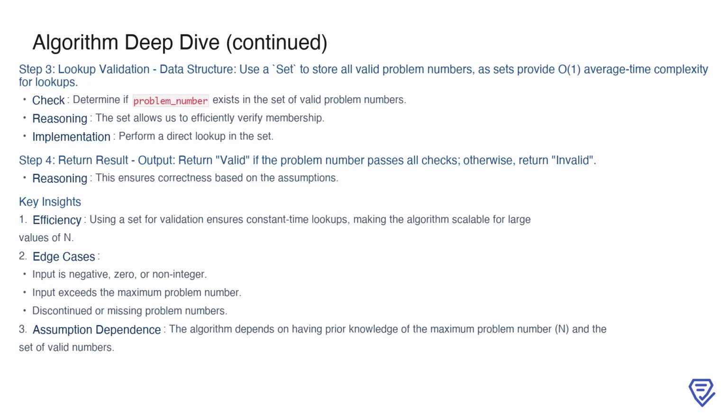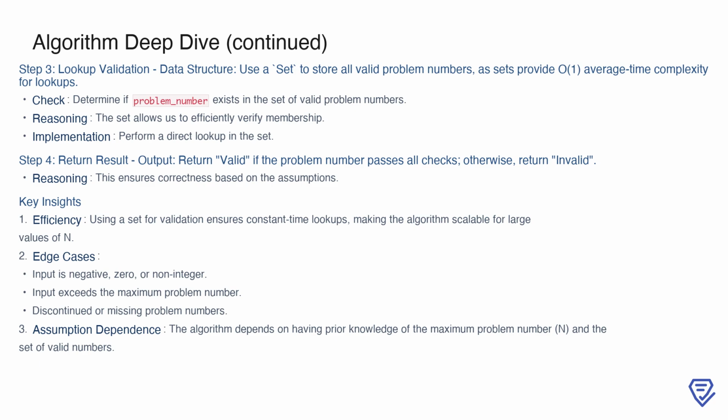Once the input passes validation and range checks, the algorithm moves to the lookup validation step. Here, we use a set data structure to store all valid problem numbers. Sets are particularly useful in this context because they allow us to perform membership checks with an average time complexity of O(1). This efficiency is critical when working with large datasets.